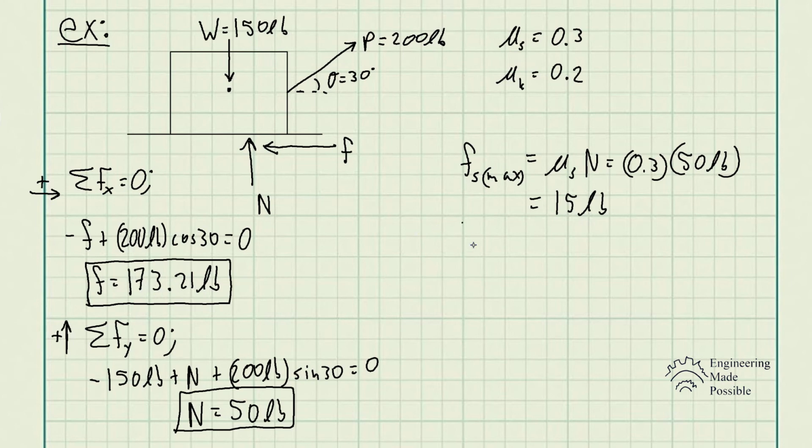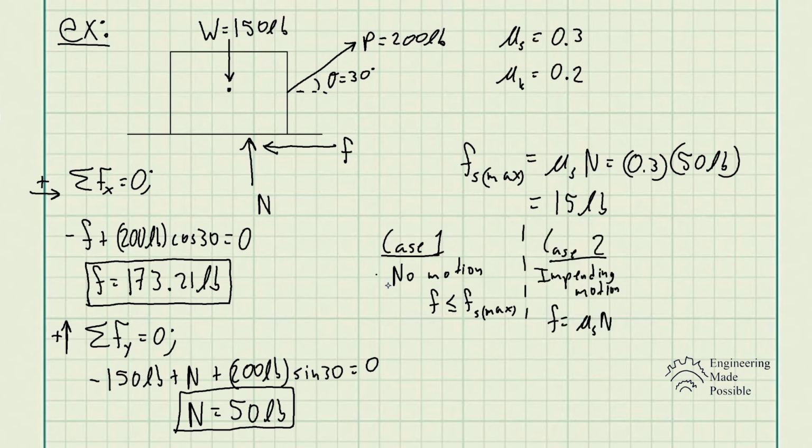We see that the frictional force we found is actually above that maximum static friction. So remember the cases. For case one, when there is no motion, the frictional force is less than or equal to the maximum static frictional force, and we see that that's not the case. It's also not case two, where the force is exactly equal to the static frictional force, which means it must be case three, where there is motion.